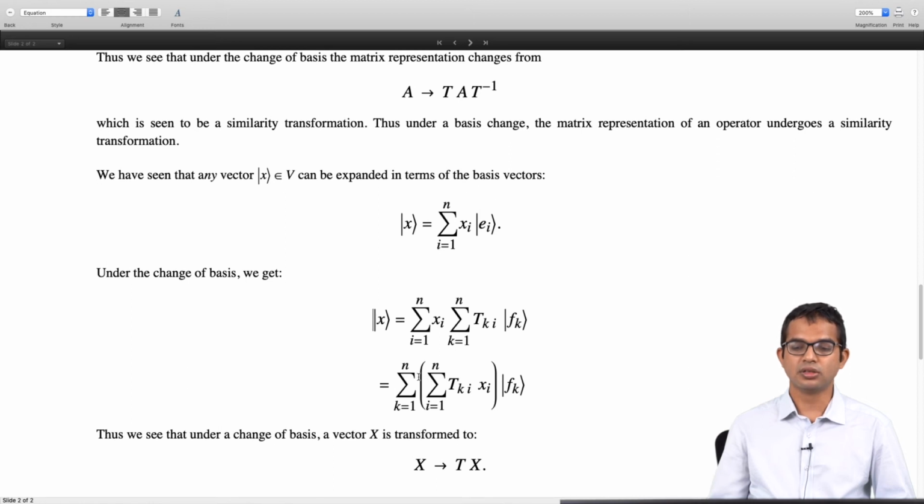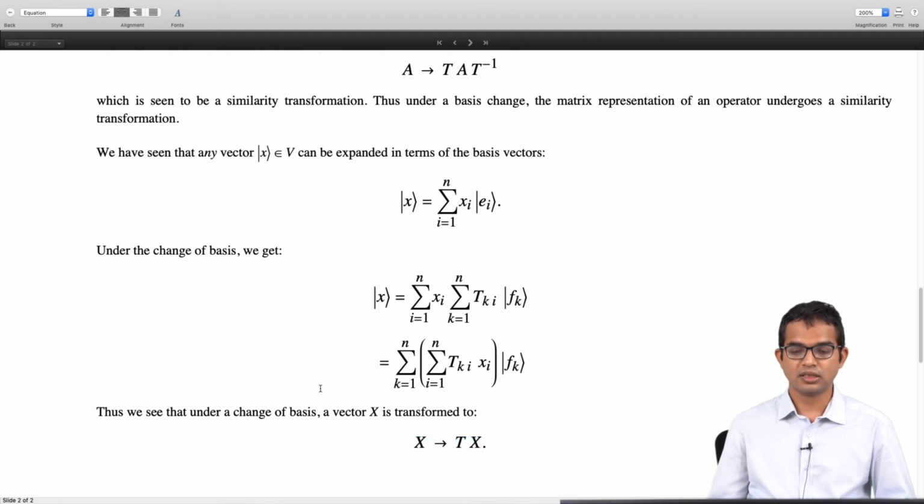You should look at this and convince yourself that indeed all that is happening is this vector going from x to Tx. So the representation for an operator has this change, and the representation for a vector undergoes this change when you do a change of basis.